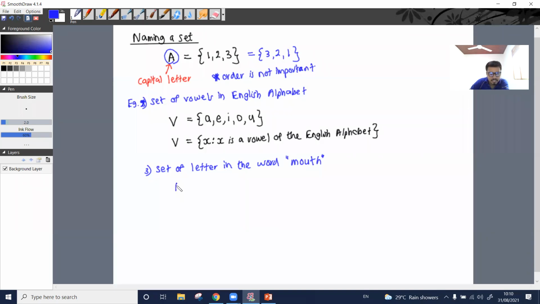We can name it using any English letter, but it should be a capital letter. So let's name it as capital M. M equals what? M, O, U, T, H. So these are the elements, the letters in the word mouth.